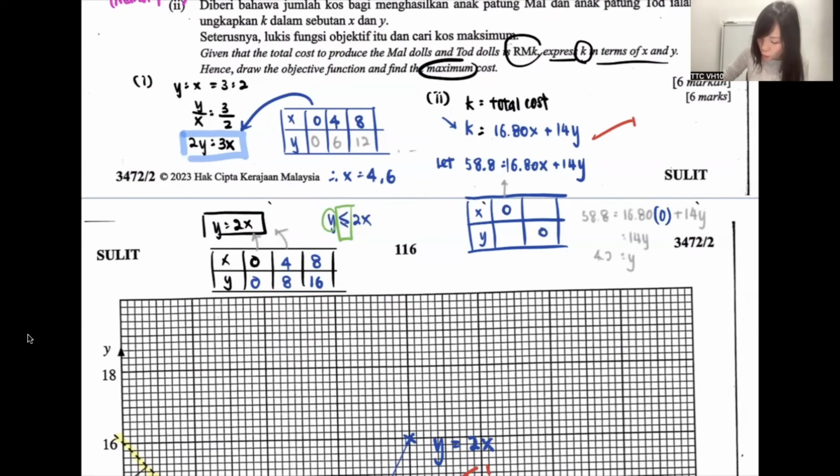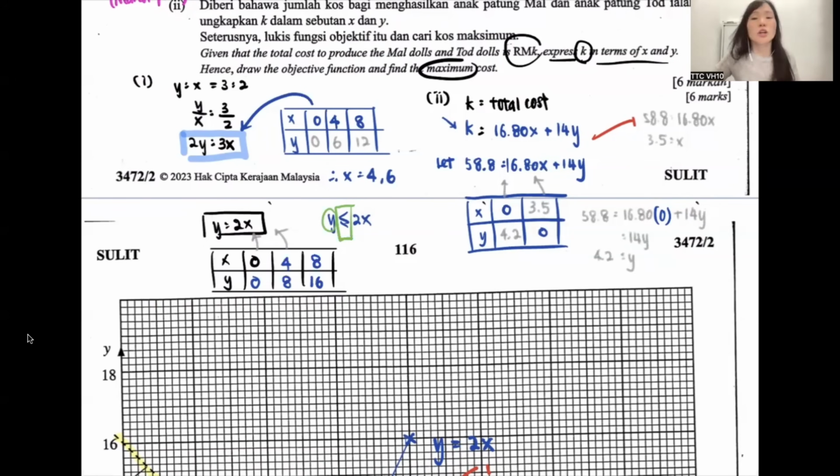Are you guys getting 4.2? Okay, this is 4.2. Okay, another one is y equals 0. So y equals 0, isn't it 58.8 equals 16.8x? The y becomes 0, no more. 58.8 divided by 16.8. I guess getting the x answer will be 3.5. Isn't it this one? 3.5.